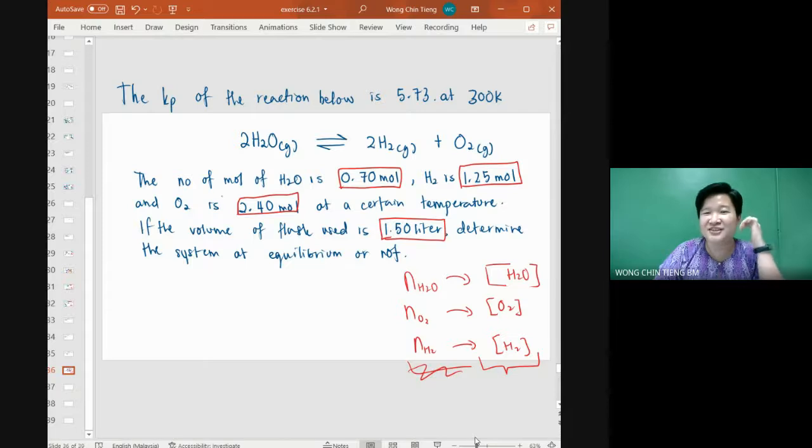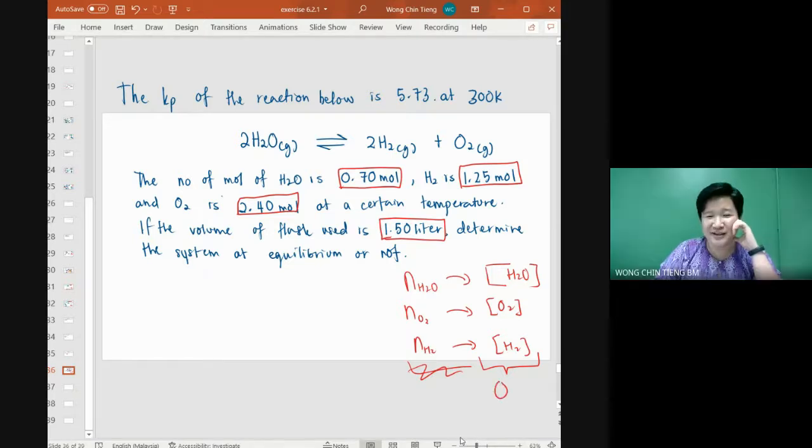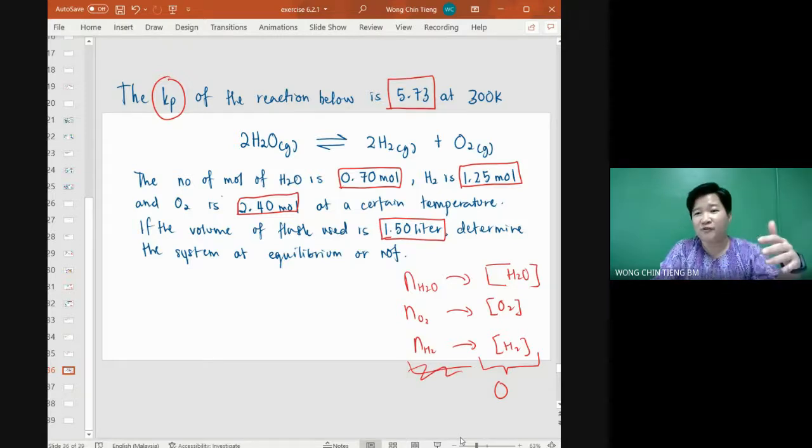You have the concentration. You calculate the concentration. And then what do you find? KC. Nurin, thank you. You're here. KC, okay. The question gives you KP. The biggest trick here is, unlike your tutor's questions, which are very, very straightforward: they give KC, you find QC. They give concentration or number of mole.